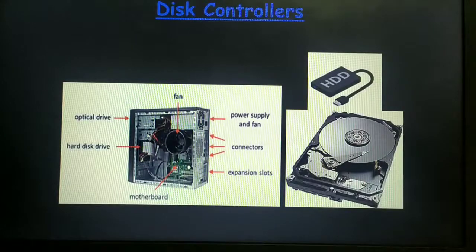So in order to make those external devices communicate with your operating system, we need a circuit known as the disk controller. Usually this disk controller acts as an interface between all those peripheral devices and the operating system for communication purposes.